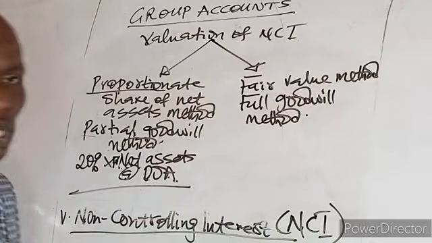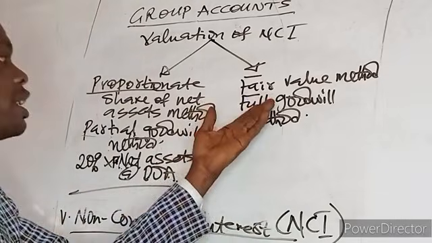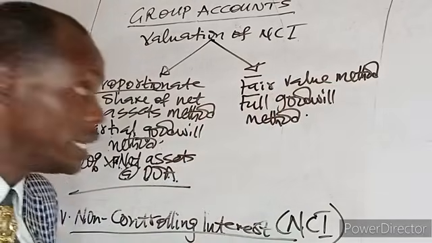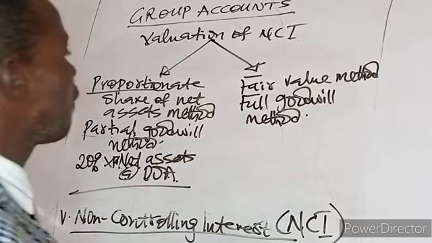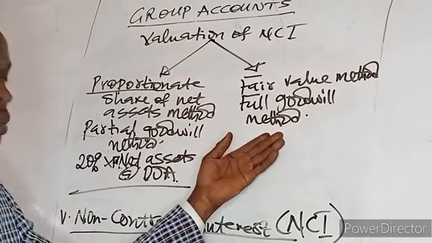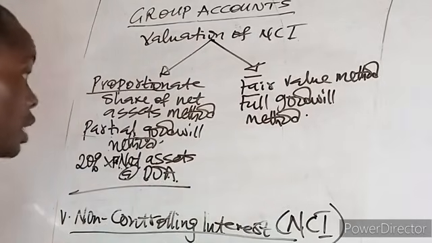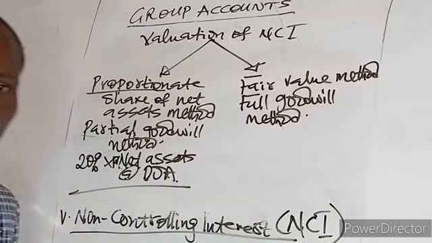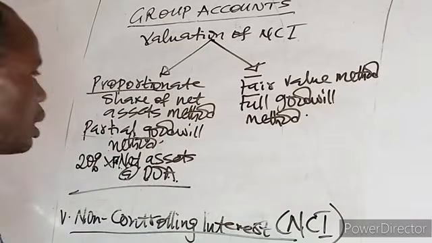Now, there are different ways the question may be examined. You may be given the fair value of non-controlling interest in the question, and where the parent company policy is fair value, then you can apply that directly. That one is not difficult. But in some cases, you'll be given the market price per share of the subsidiary.